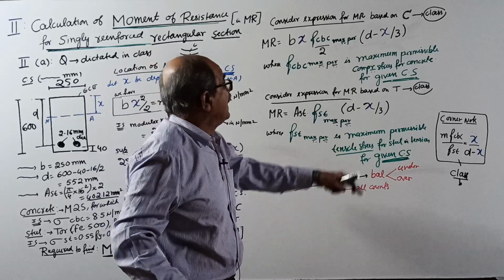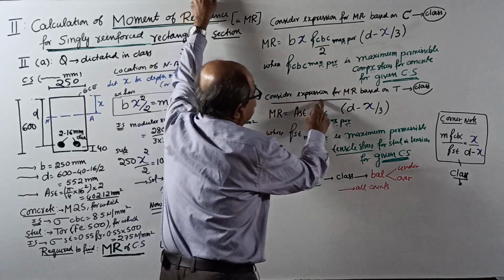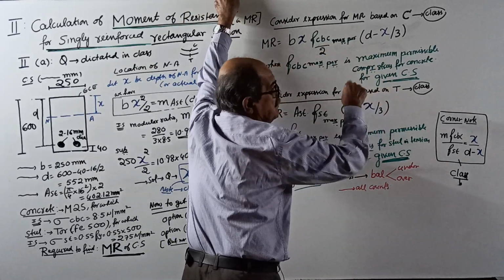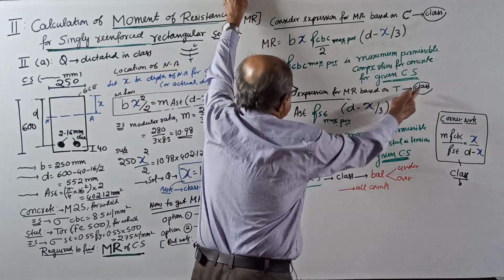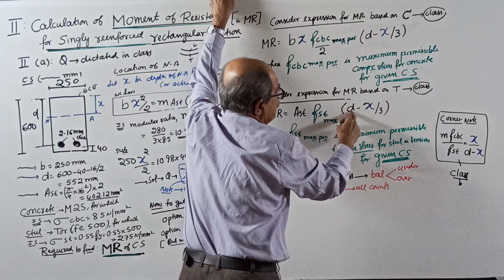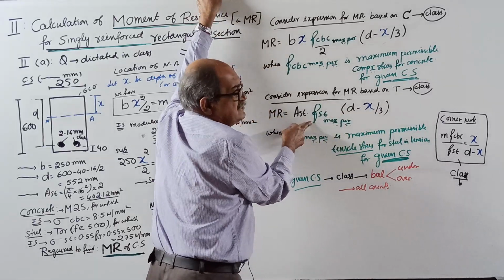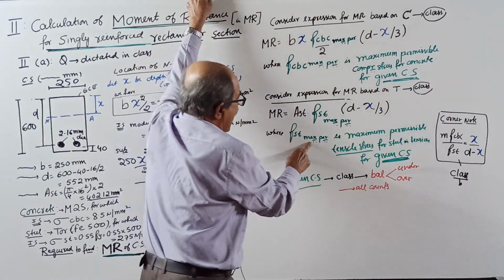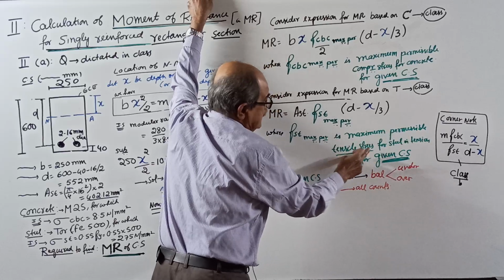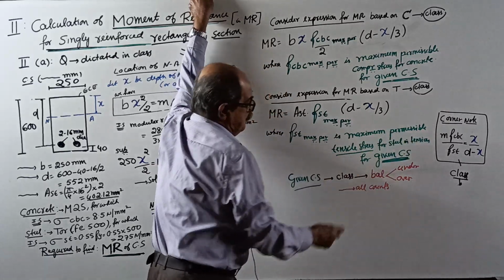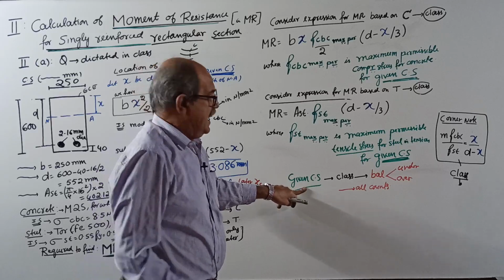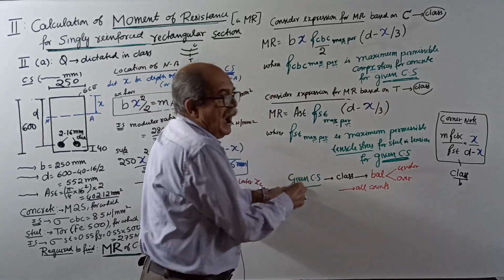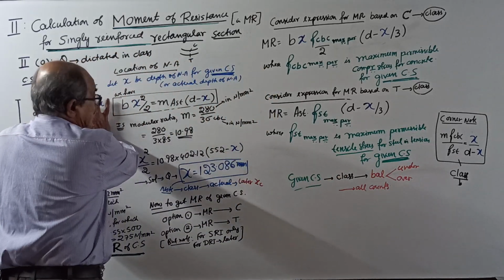Given cross section, underline. Consider the expression for MR based on tension, meaning how much stress is allowed in tension steel: AST FST (D minus x by 3). This FST is not a random stress. It is the maximum permissible tensile stress for steel in tension for the given cross section.